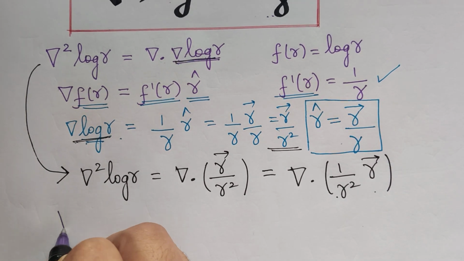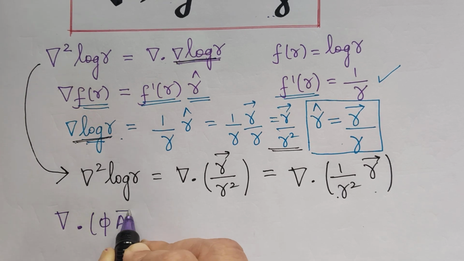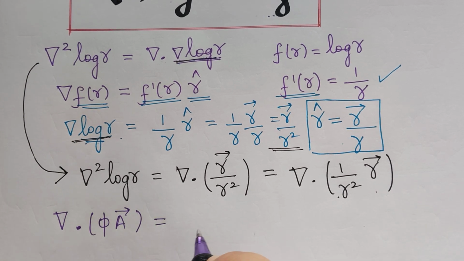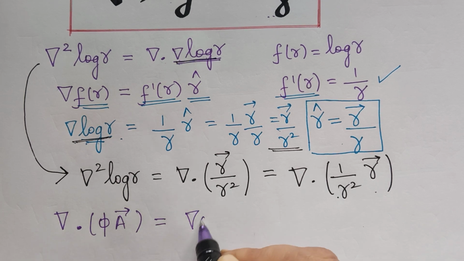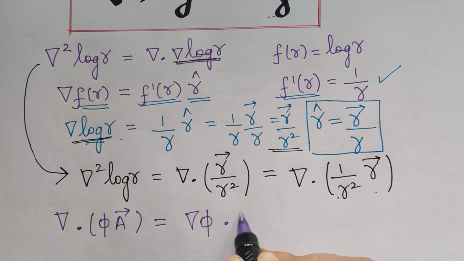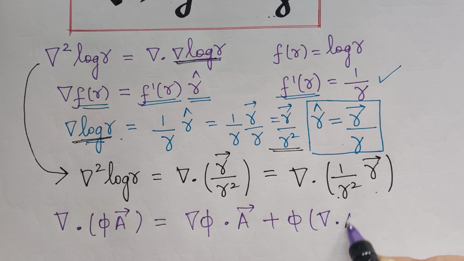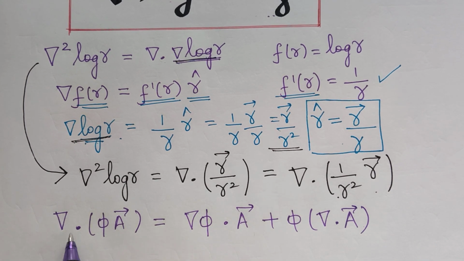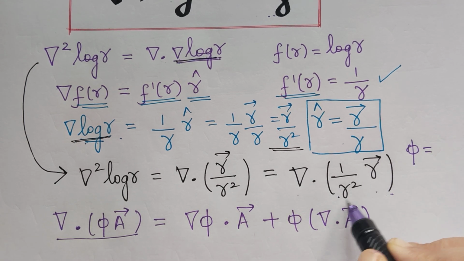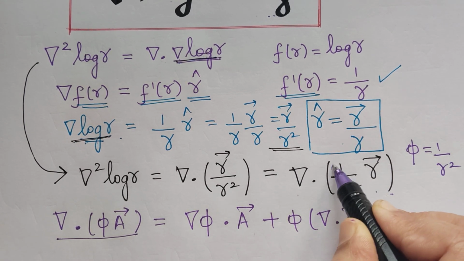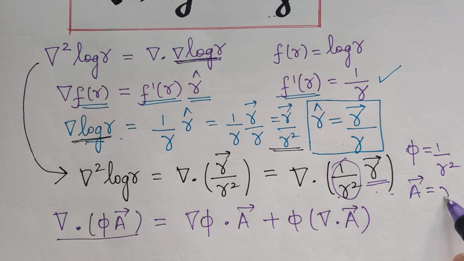The formula is nabla dot phi a vector. What is nabla dot phi a vector? It is equal to nabla phi dot product with a vector plus phi multiplied with nabla dot a vector. Now while comparing, we see that the value of phi will be taken as 1 by r square, and a vector is r vector.